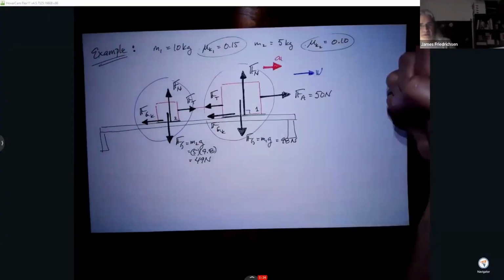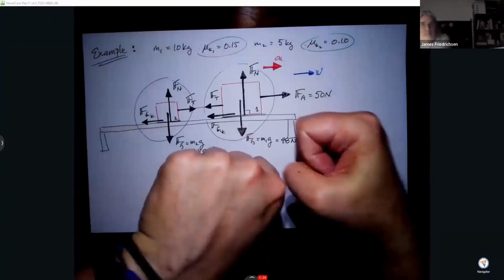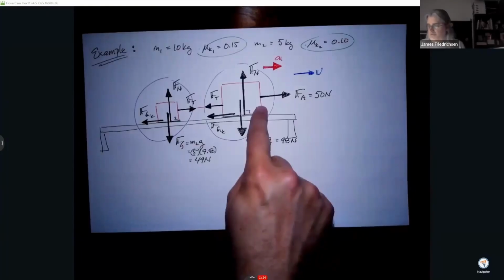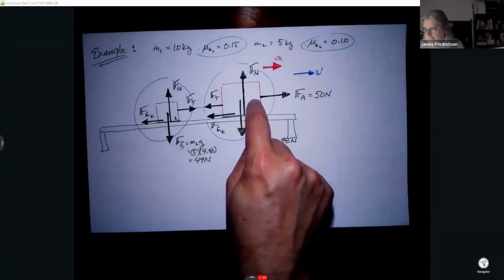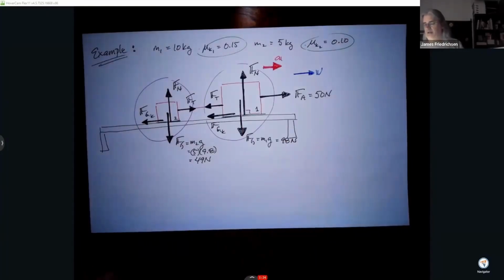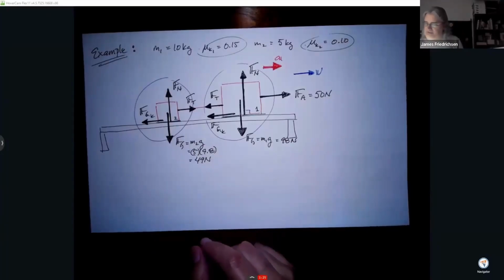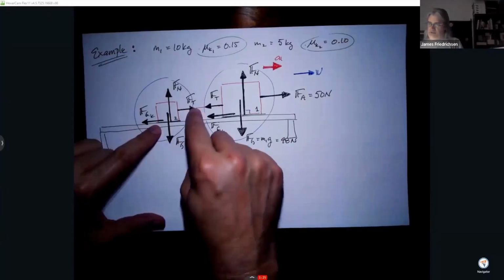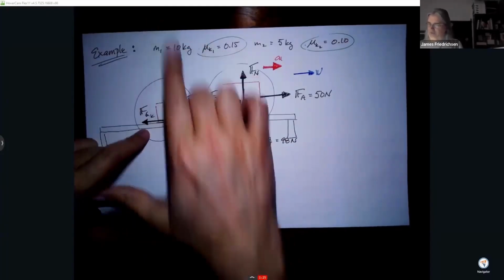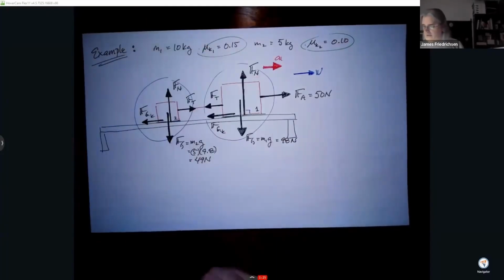I grabbed box one only and pulled. I didn't grab both boxes and pull. So the applied force is only attached to box one. So then these are all the forces, because the only thing touching box two is the rope and the table: normal and the friction, tension there, and gravity is the non-contact.